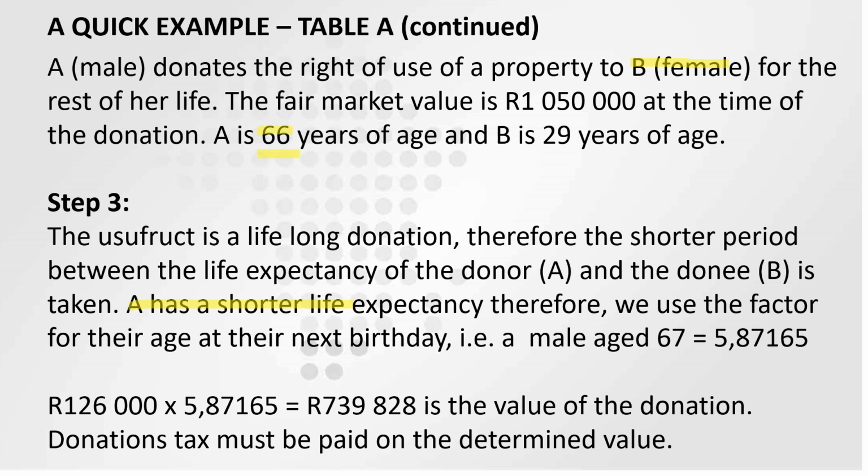So in the example, they are 66 years, so you look up at their next birthday when they're going to be 67 for a male, what the factor will be. And you then multiply it by the annual value that you've determined, and this is then the determined donation amount, and on that amount you will pay your donations tax. The donations tax will be paid by the donor.